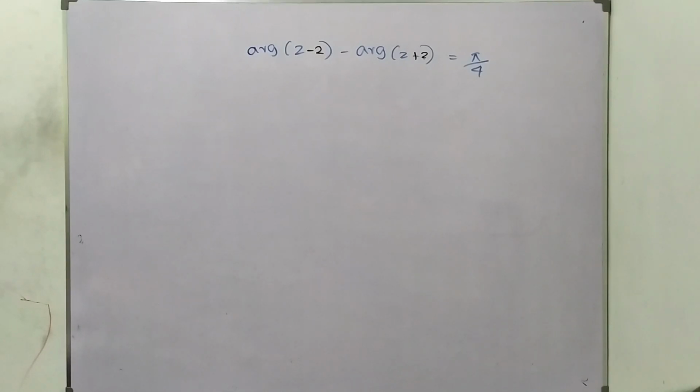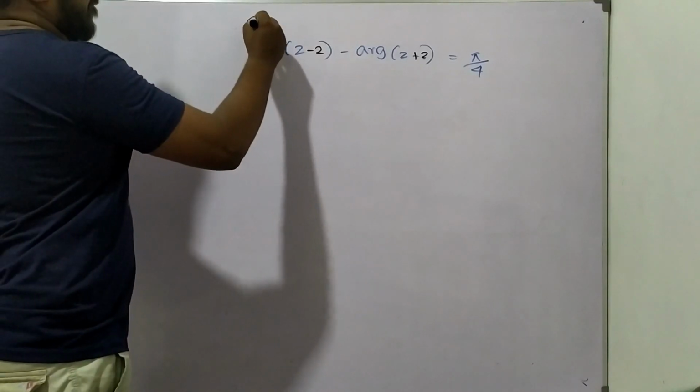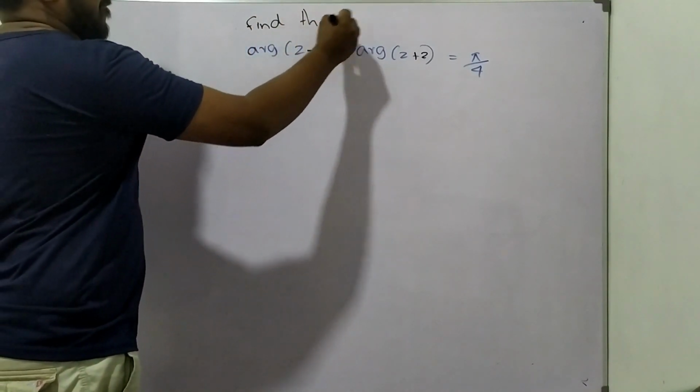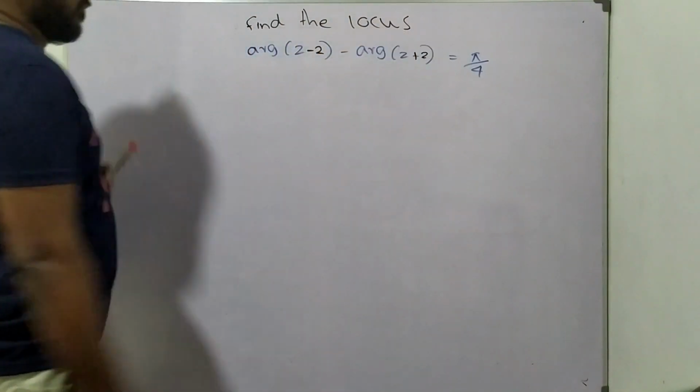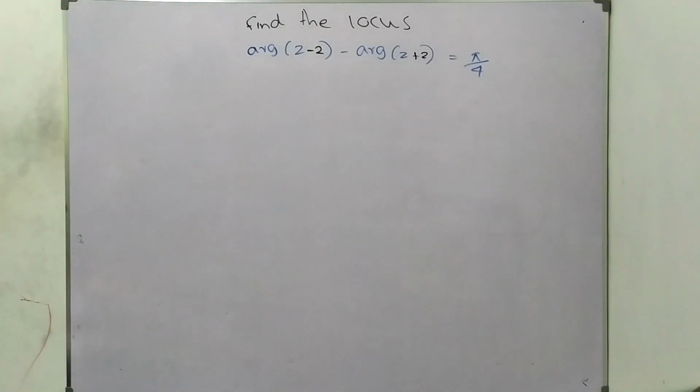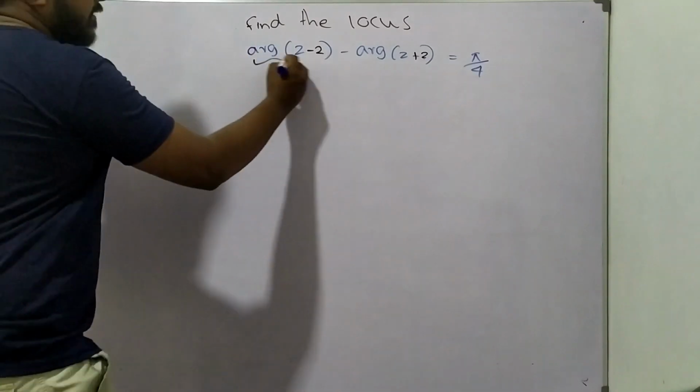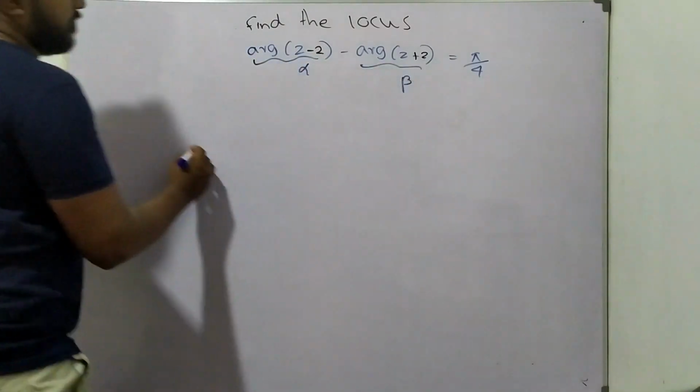Okay, student, try this one. Find the locus of this. And the locus of this. So how do we start it? We take this as alpha, beta.